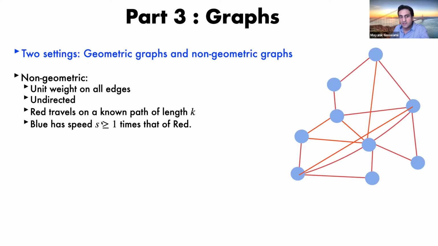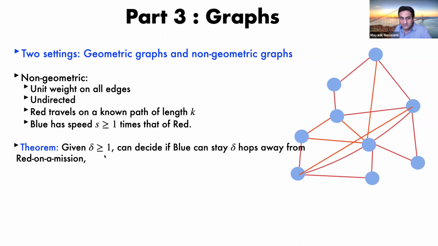In this version, we can actually look at the bounded speed variant. Blue has a speed that is some factor s times that of red. What that means is, in the time that red makes one hop, blue can make s hops. And now the question is, can blue stay a distance delta away from red, who's traveling on a known path in this graph of length k?